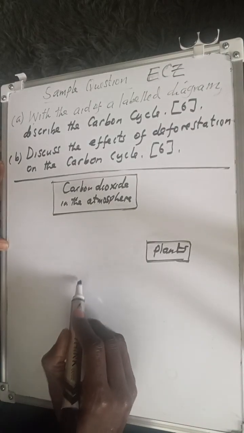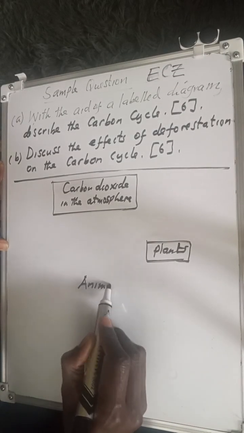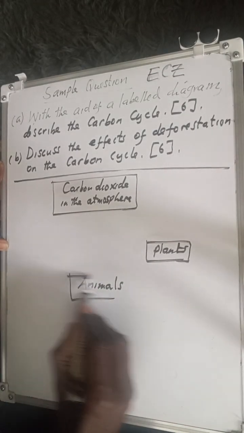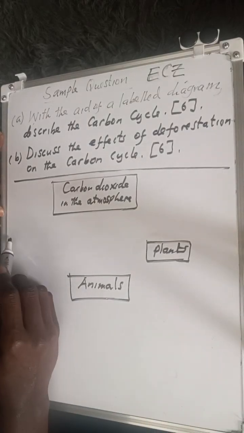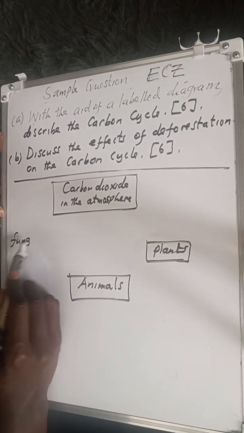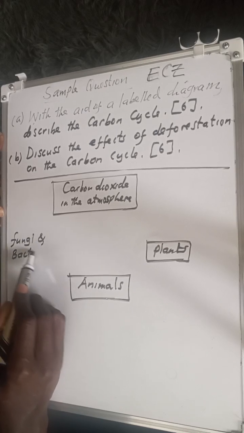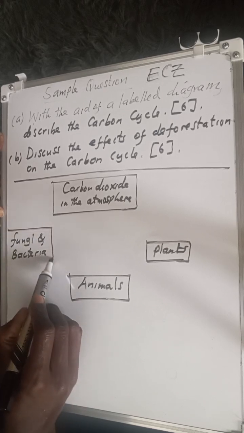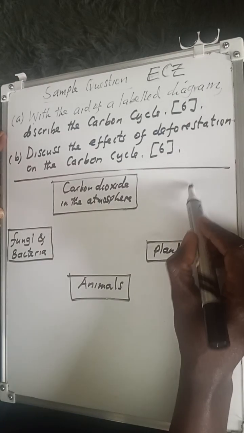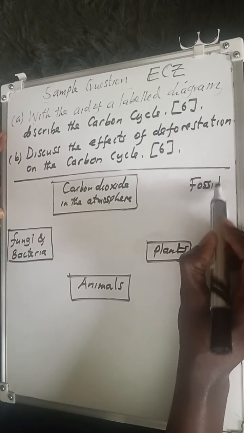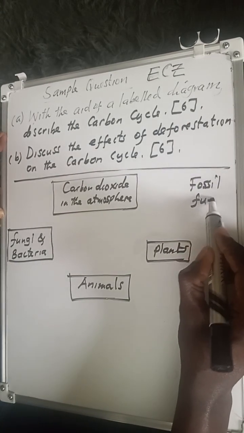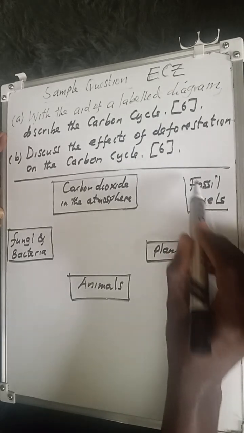Then we can also put up animals. Specifically, you can call them herbivores. Then I can have fungi and bacteria, and enclose them. Then this side, maybe I can have fossil fuels. So we can also enclose them.